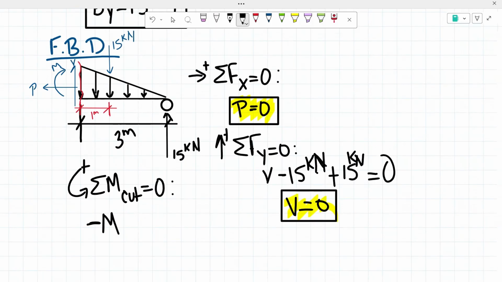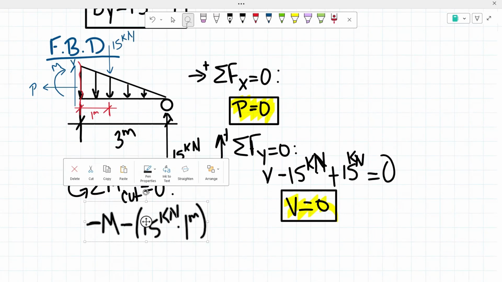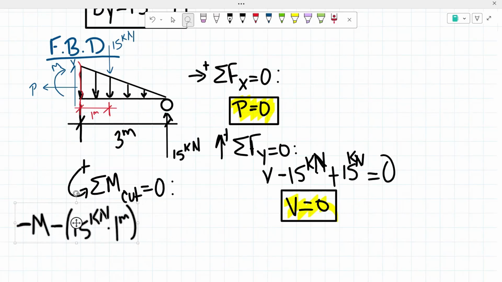From there, we have our 15 kilonewtons acting downwards, so it's also going to be creating another clockwise moment. So another negative moment with a force of 15 kilonewtons times 1 meter, that's the distance. And then from there, we have our reaction that is going upwards, so that means it's going to be creating a counterclockwise moment, as you guys can see.